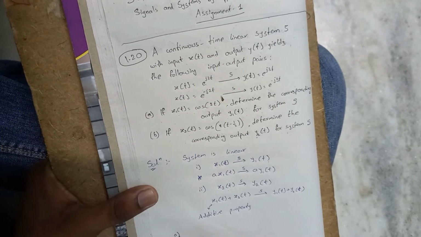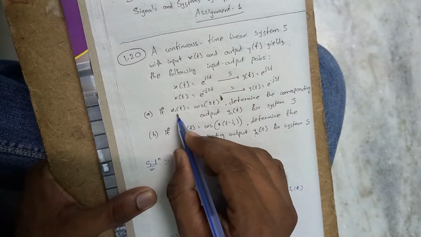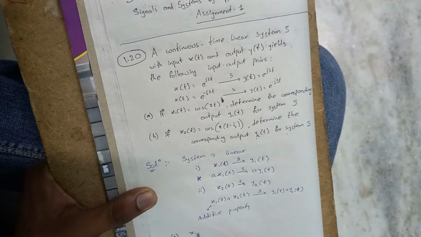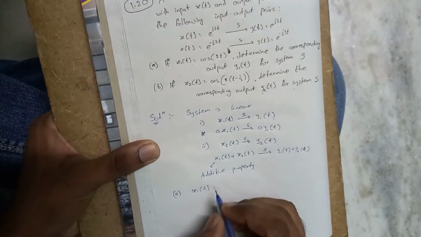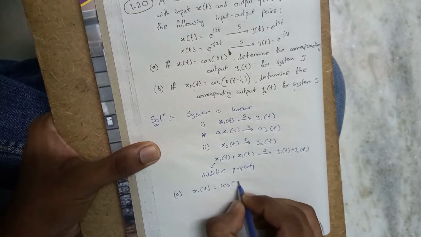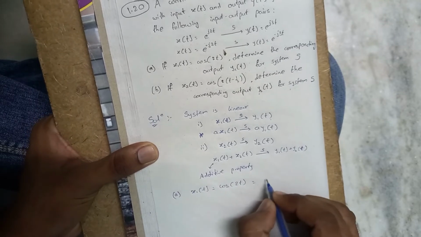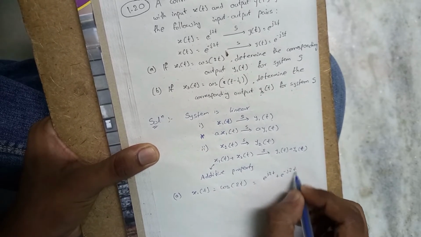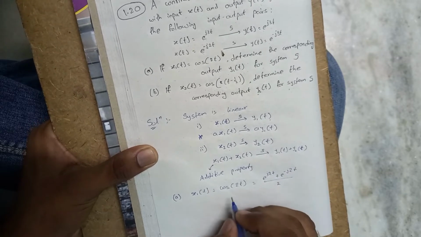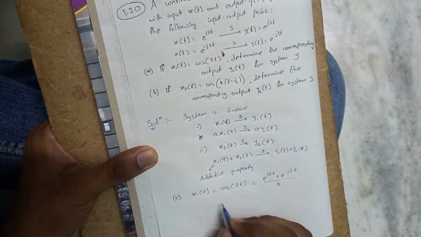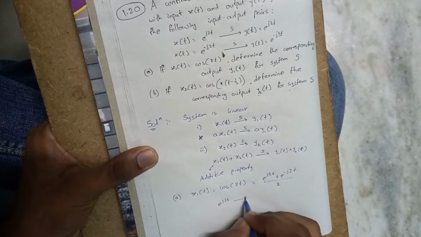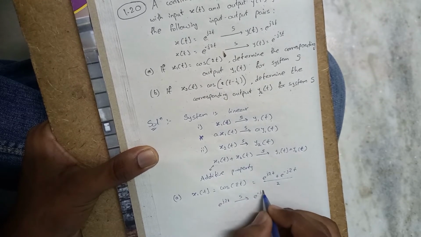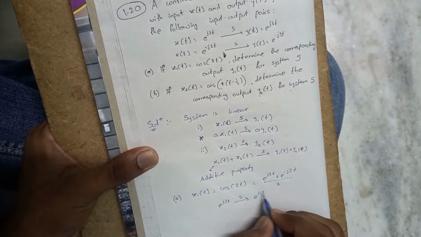So first, the input x1 of t is cos 2t. Cos 2t is e power j2t plus e power minus j2t whole divided by 2. It is given that for the input e power j2t, the output is e power j3t.